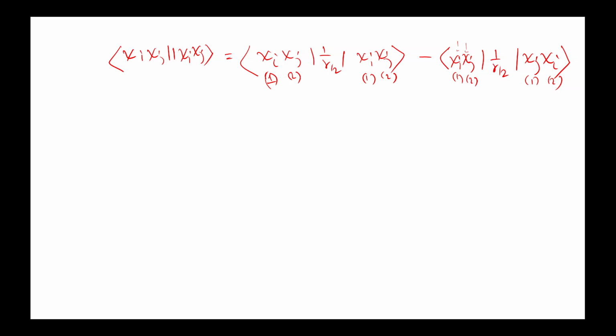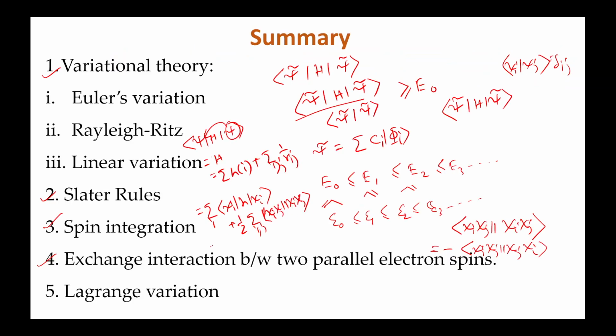So that's why this term comes. And as I mentioned, this exchange integral is positive, and because of this it is coming as a negative term. It has a stabilizing effect. So that was discussed, and that exchange interaction only occurs between two parallel electron spins.